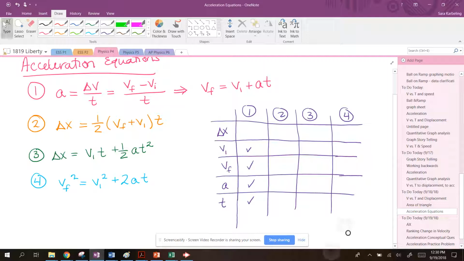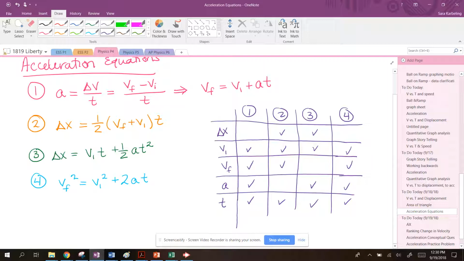So equation 2 has delta X in it. It has VF, it has VI, and it has T. Equation 3 has delta X, it has VI, it has A, and it has T. And number 4 has VF, VI, A, and T. So if you look at this carefully, each of these equations has something, wait, I messed up somewhere, didn't I?